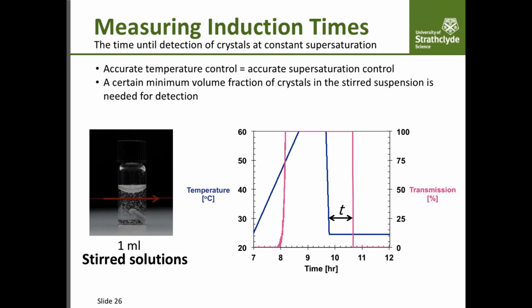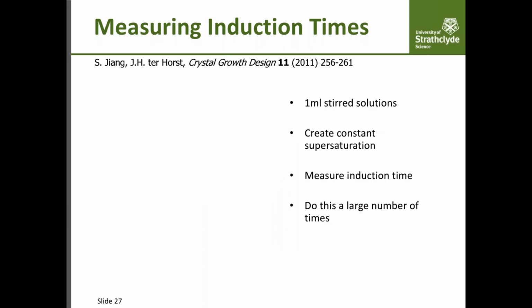We use 1 milliliter stirred solutions for this, in the Crystal16, where we create this constant supersaturation, and we measure the induction time, and we do this a large number of times under exactly the same conditions.